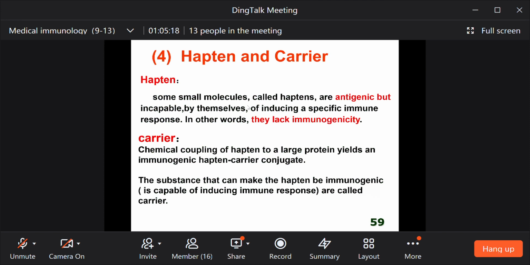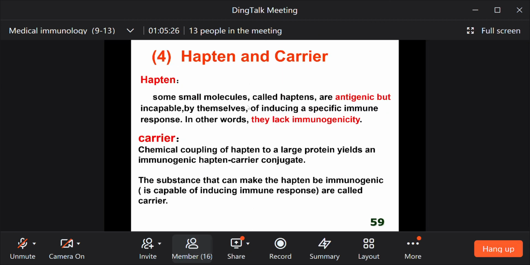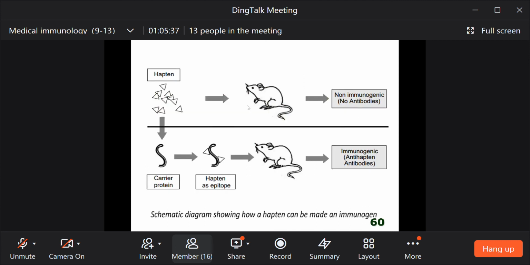And the last concept is hapten and carrier. Here we can see the description. What is the hapten and what is the carrier? The diagram is very simple to understand. The hapten is a very, very small chemical substance, but when the hapten alone is injected into a mouse, no immunogenicity happens, no antibody.